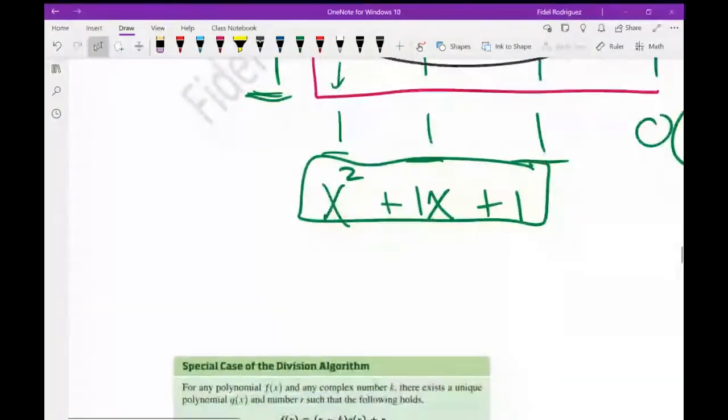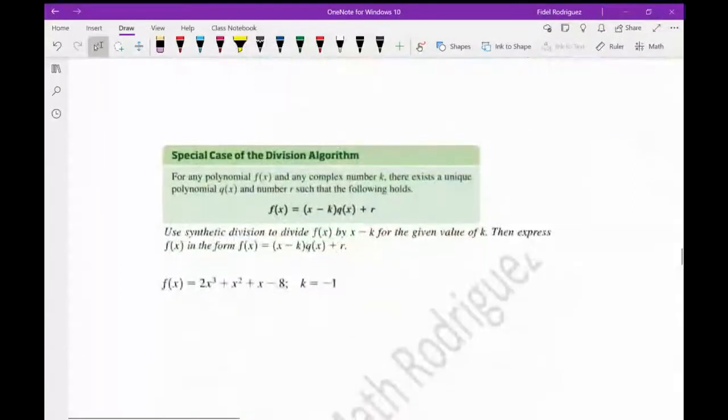All right, so look, let me zoom out a little bit more, and we're going to talk about something called a special case of the division algorithm. And it says, use synthetic division to divide f of x by x minus k for the given value of k, then express it in this form. Remember a little while ago when I said, what is 9 divided by 2?